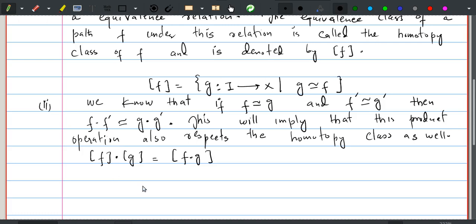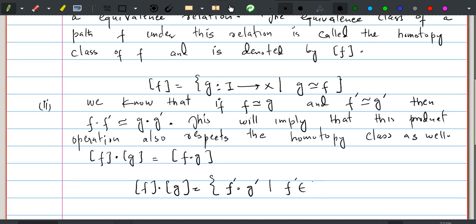Note that [f] and [g] each contain an element, so this is say f prime dot g prime, such that f prime is in [f] and g prime is in [g].